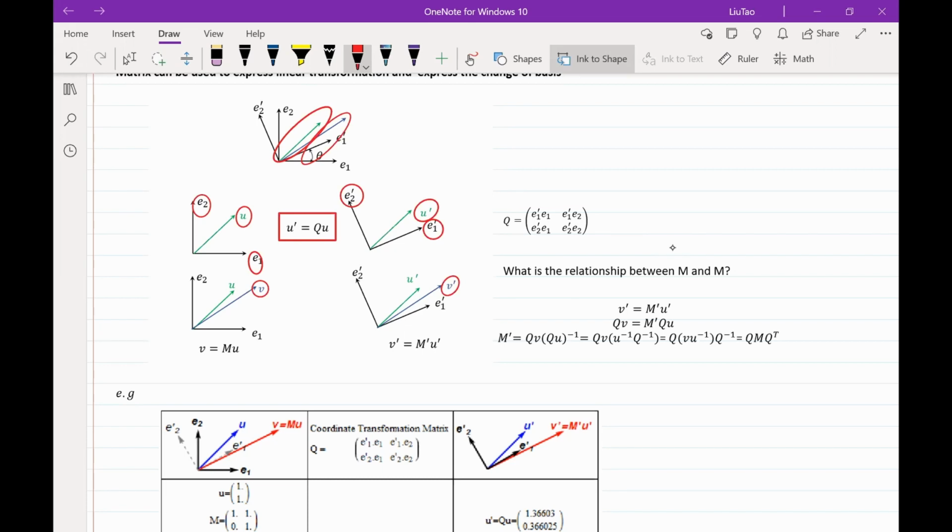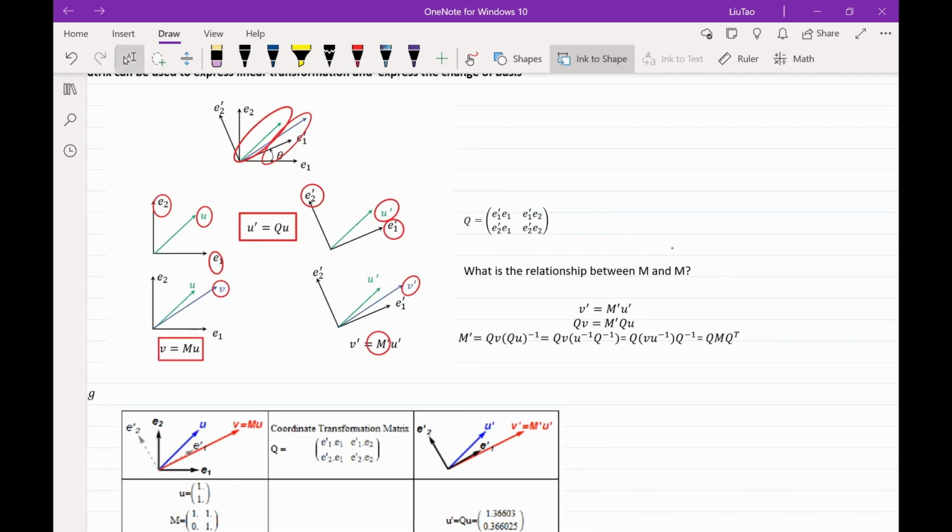So we can express V using U. So V is equal to MU. And in the second basis set, we can find the same thing. We can find another matrix M prime, which makes V prime equal to M prime U prime.